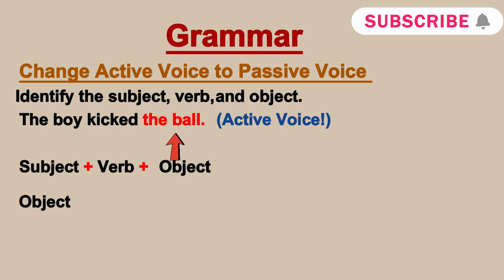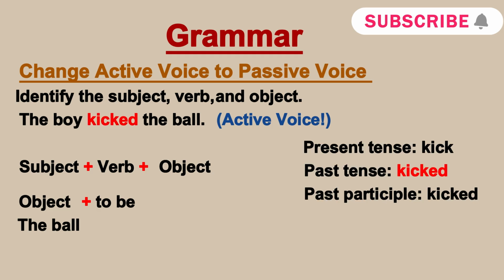Step 2. Move the object to the beginning of the sentence. Now it becomes the ball. Step 3. Change the verb into the correct to be form based on the tense. Since kicked is past tense, we use was. Step 4.